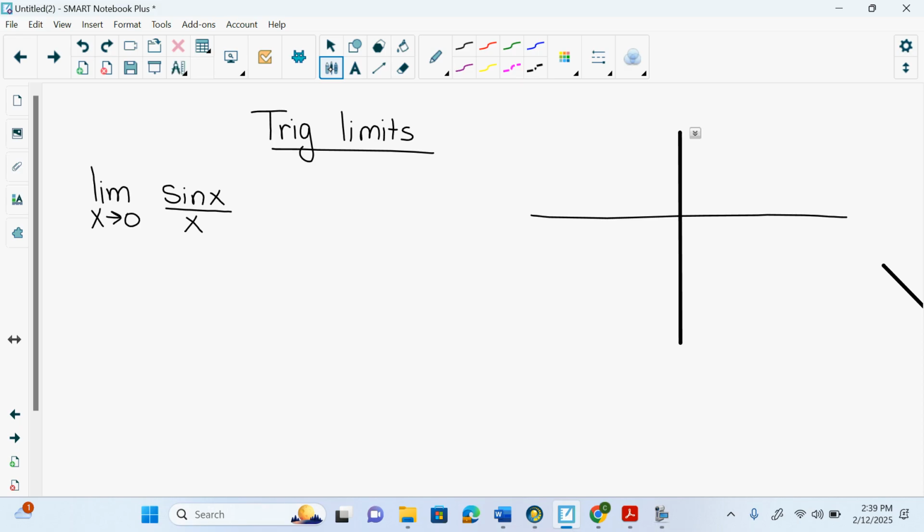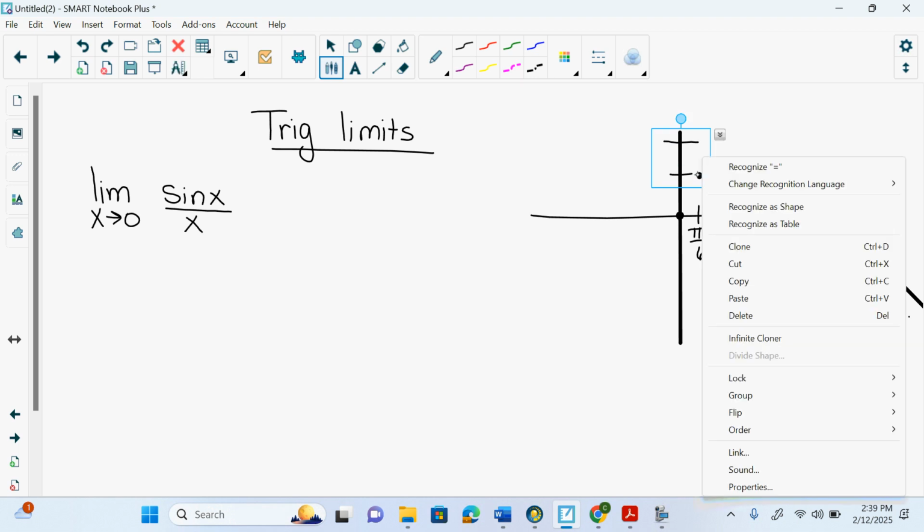Okay, your sine x graph goes based off of your unit circle. We agree? So it starts at 0, 0. And then at pi over 6, which is 30 degrees, what's sine at pi over 6? 1/2.